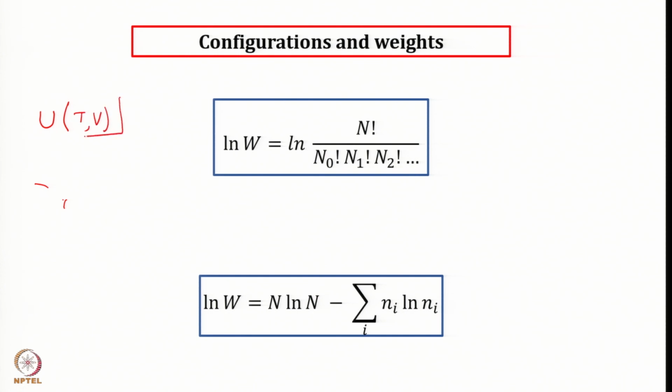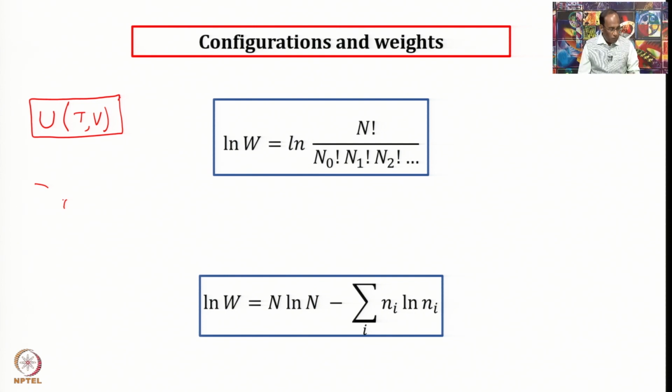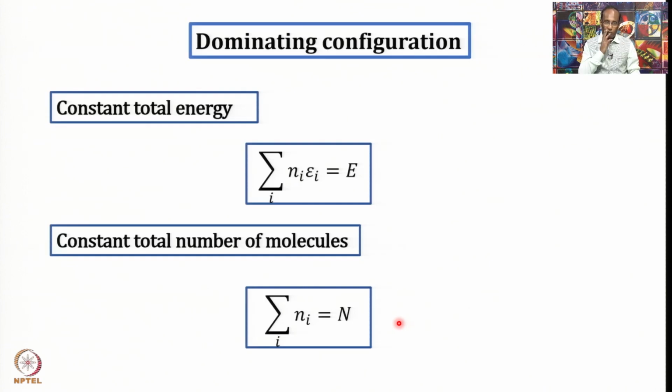Because if you express internal energy in terms of temperature and volume, and then you further derive equations from this, it becomes easier to connect with the experimentally measurable properties. And that is why we decided at that point that instead of W, if you work on log W, then the further derivations become easier. And one such intermediate step was log W is equal to N log N minus summation Ni log Ni. This kind of equation was used multiple times in derivation of other equations.